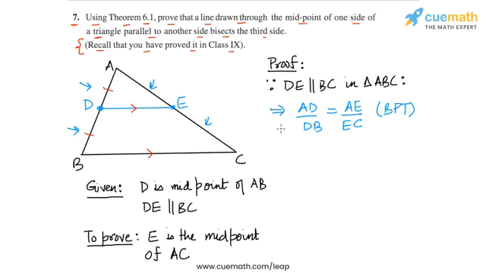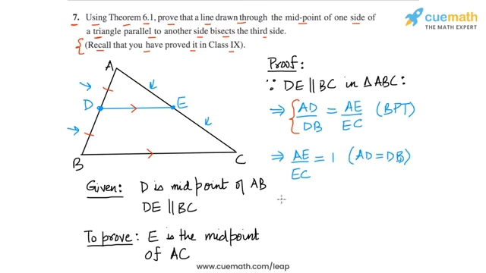But AD and DB are equal because D is the midpoint of AB. And this means that AD by DB, this ratio, will simply be equal to 1. Correct? So from here, we can say that AE by EC must be equal to 1. And that's because AD is equal to DB.